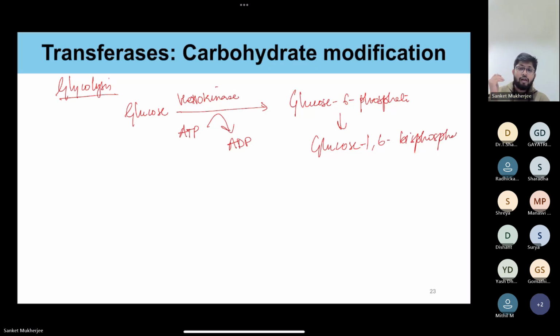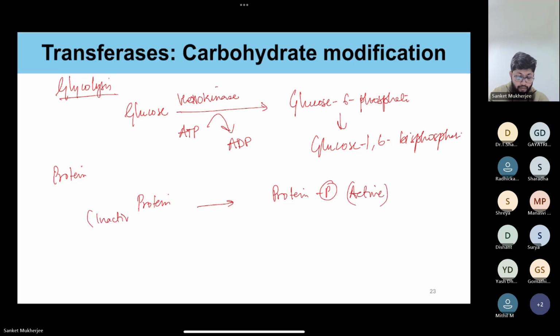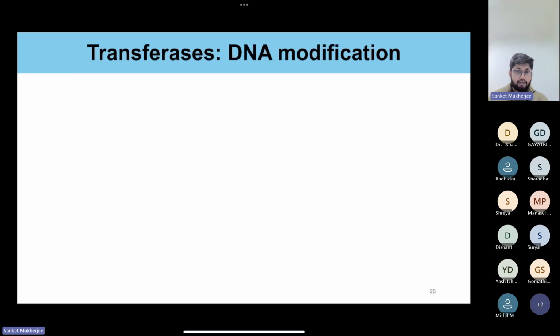So this is how kinases work. Protein modifications can also happen. So let's say there is some protein, it forms a phosphorylated protein, which is usually in its active form. So kinases work here as well. If there is removal of this phosphate by phosphatases, that is also a transfer reaction. Similarly, protein modification is covered.